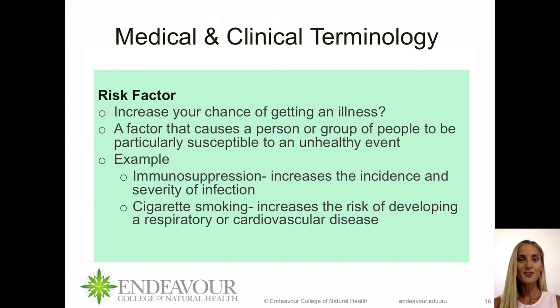Type A personality, so more stressed personality types, highly driven, male gender and advancing years are all things that can predispose you to coronary artery disease. Other examples are immunosuppression, which can increase the incidence and severity of infection, and cigarette smoking, which increases your risk for a number of different disease states.